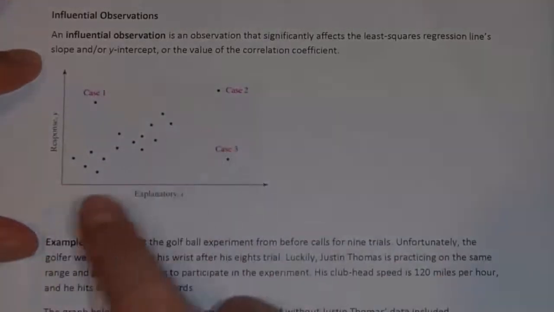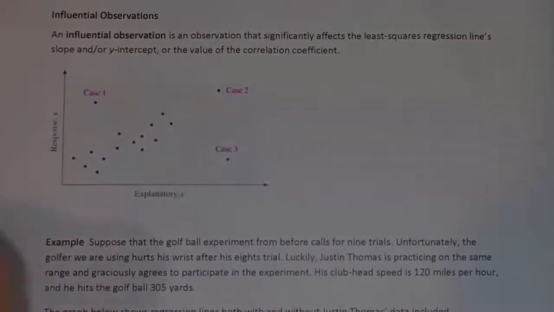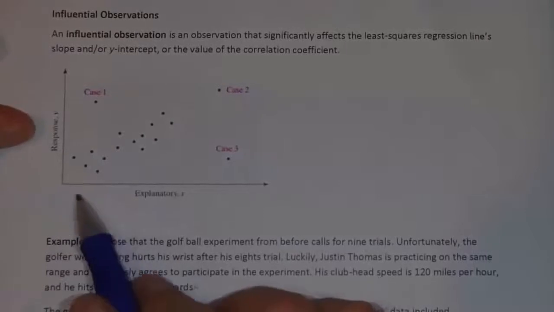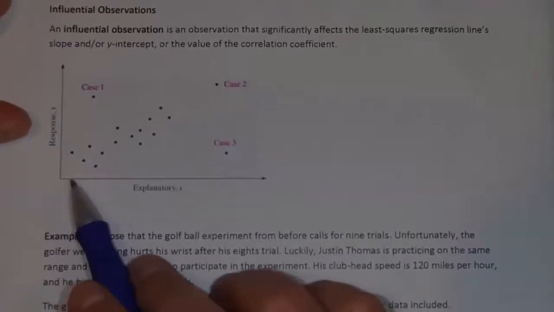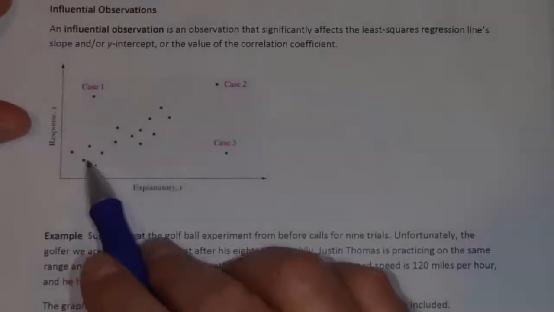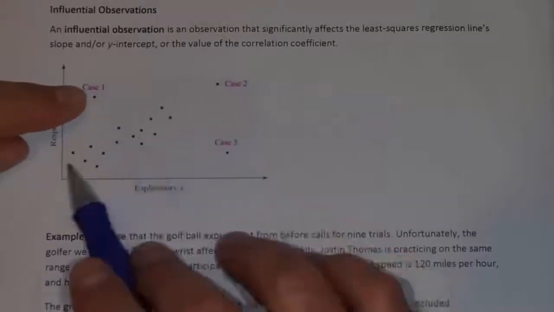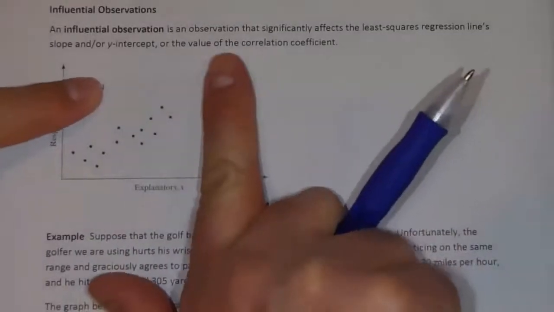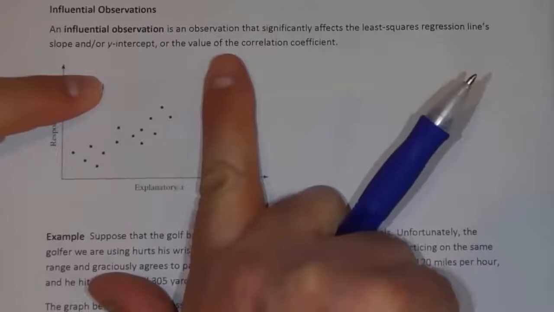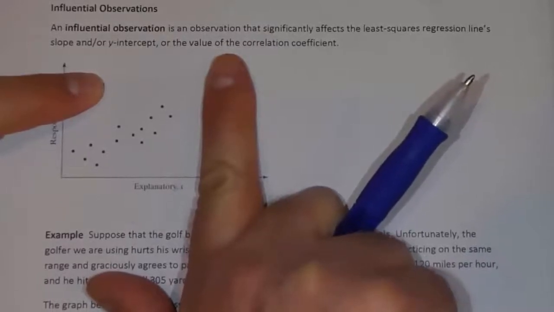So I mentioned this to you before when we were first talking about correlation and the fact that correlation's not resistant. So here's the set of our data, and pretend at first those three cases aren't there. So that would look like a linear model's probably appropriate.